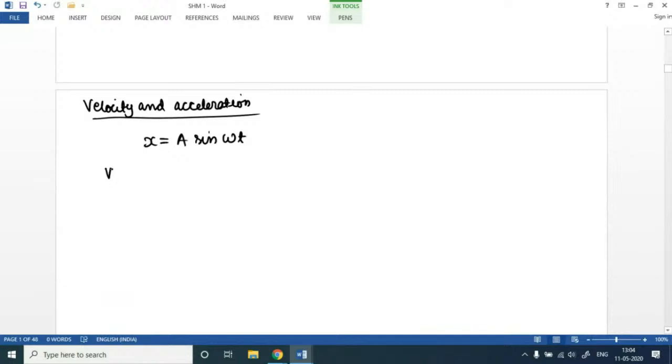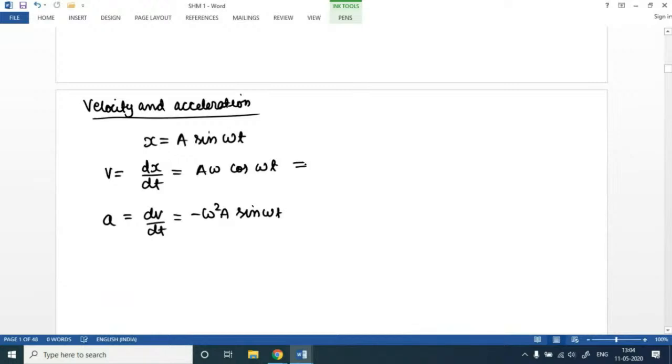Okay, and if we wish to find out the velocity, v would be nothing but dx by dt, which would give us a omega cos omega t. Okay, and acceleration, very simply we can find out, that is dv by dt, that would be nothing but minus omega square a sine omega t.